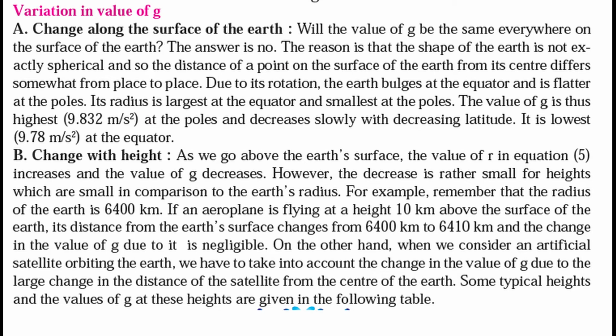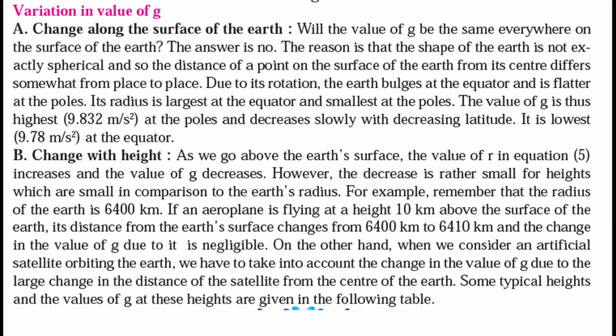Second variation is change with height. As we go above the Earth's surface, the value of radius in the equation increases and the value of g decreases. However, the decrease is rather small for heights which are small in comparison to Earth's radius. Now look at the example.